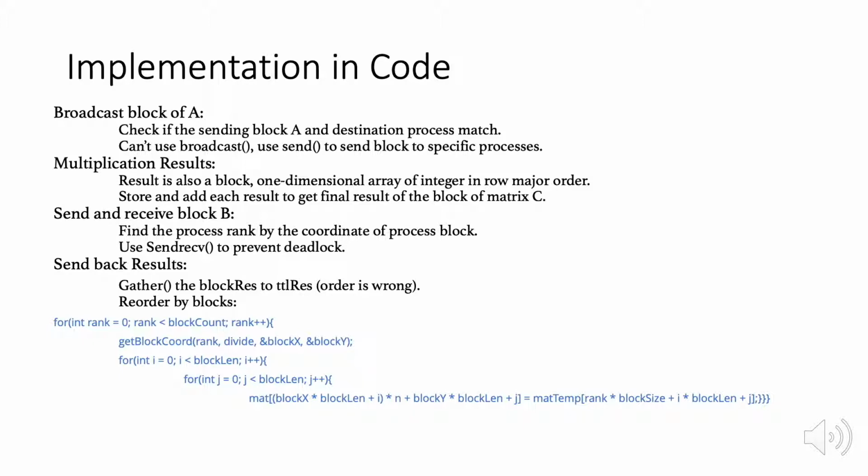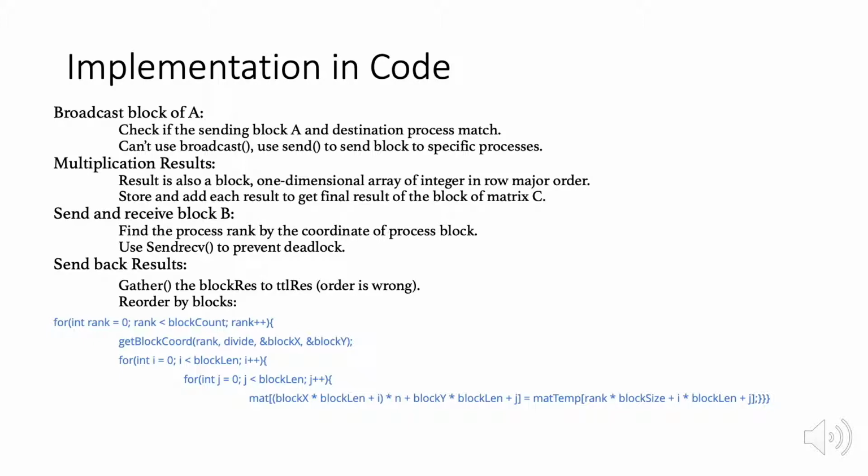The multiplication result is also a block, so it's a one-dimensional array of integers, in row major order. We will store and add each result in each step to get the final result of the block of the result matrix C. In sending and receiving block B, we should find the process rank by the coordinate of the process block, and then we use the send-receive function to prevent deadlock.